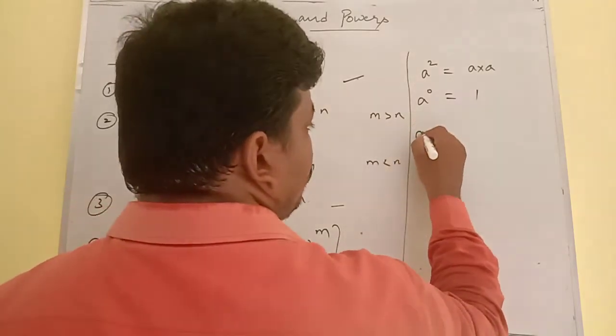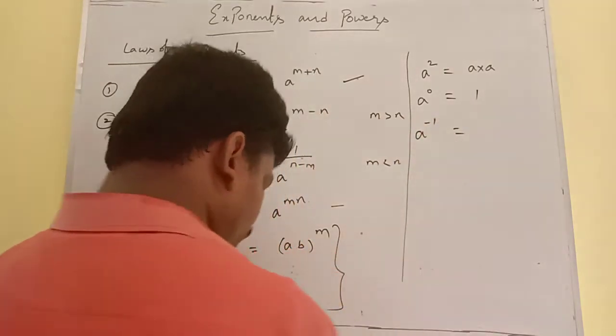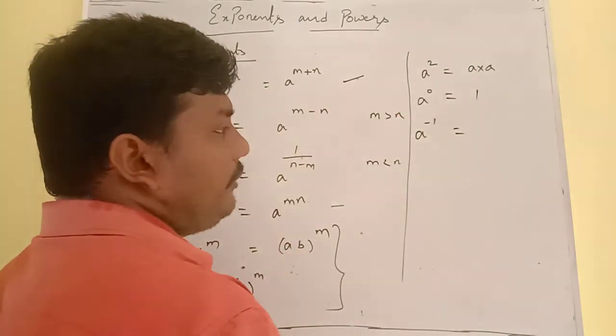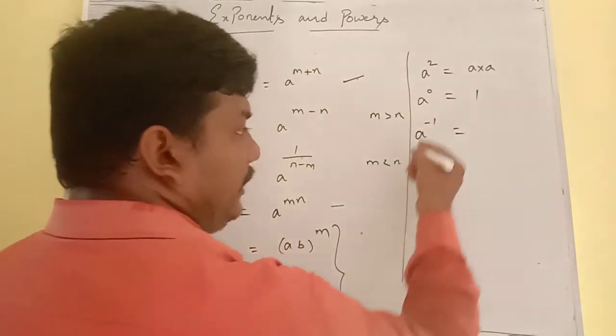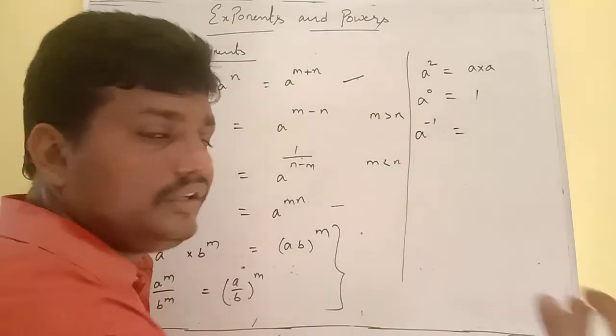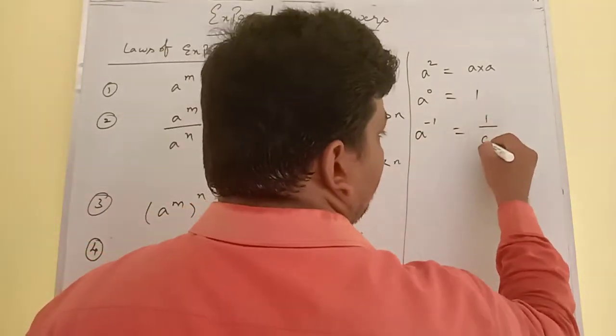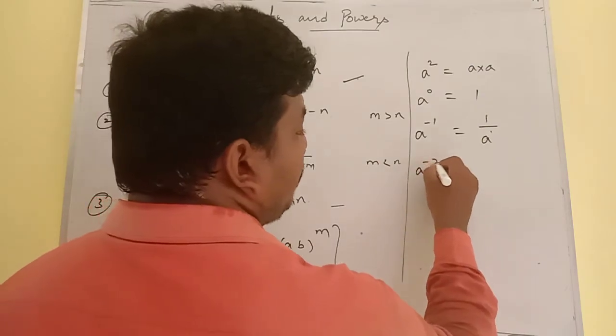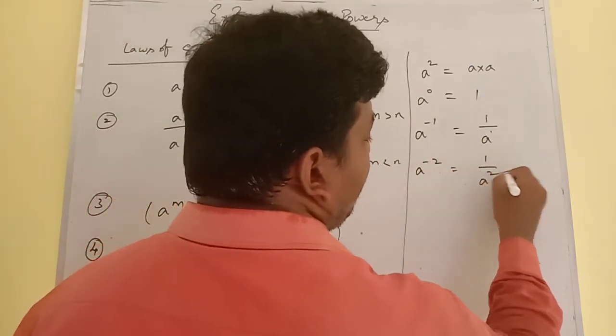So coming to the negative power, a power minus 1. When we have negative powers, the value comes under the denominator, that is 1 by a power 1. Take a power minus 2, this is 1 by a square.